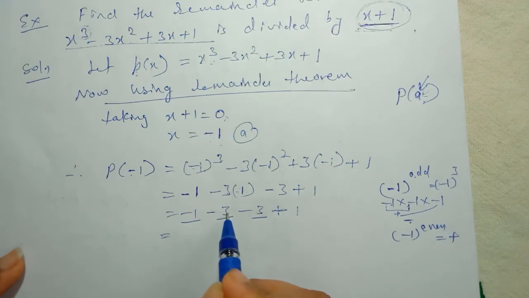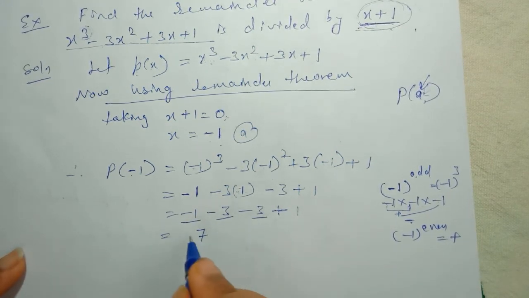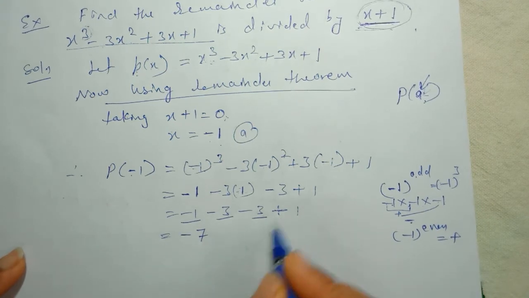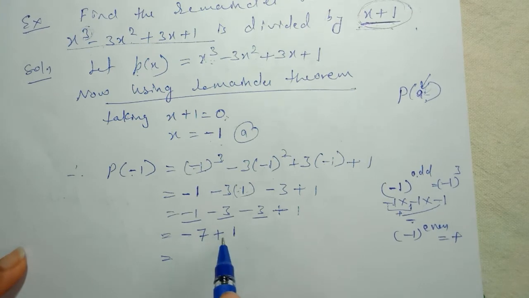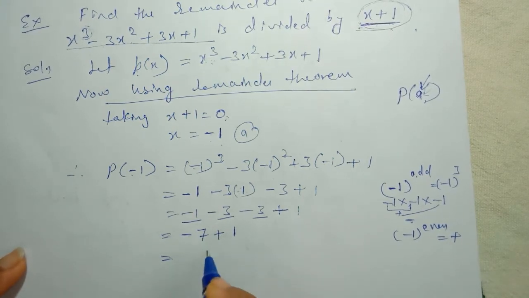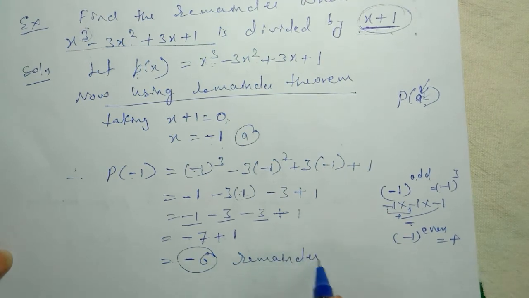So 3 plus 3 is 6, 6 plus 1 is 7. As all of them are in negative sign, the answer will be -7. Then plus 1. Now both are in opposite signs, and opposite signs are subtracted. 7 minus 1 gives 6. The bigger number is in negative sign, so we get minus sign. So the remainder here is -6.